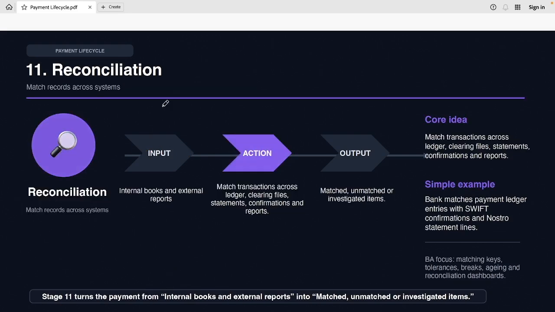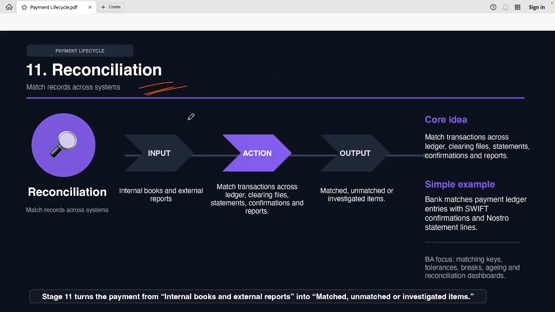The 11th stage is the reconciliation stage. So reconciliation means comparing records from different systems to confirm that they represent the same transaction and that the amounts and the status agree. A payment may create records in the customer account system, in the payment engine, in the GL system, in the clearing system, in the settlement system, SWIFT system, Nostro statement, reporting system.